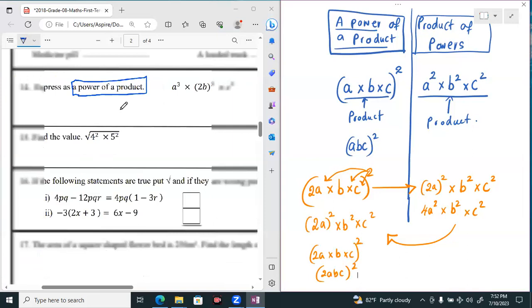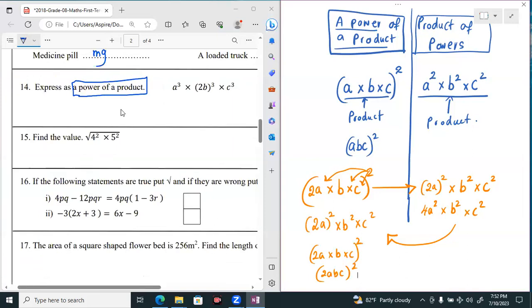Now here you have given a product of powers. ගුණිතයක් තමයි දීලා තියෙන්නේ. It's a product of powers. So that means you have given the powers. Then you have to write the each term of the power within the bracket and write the power out of this.